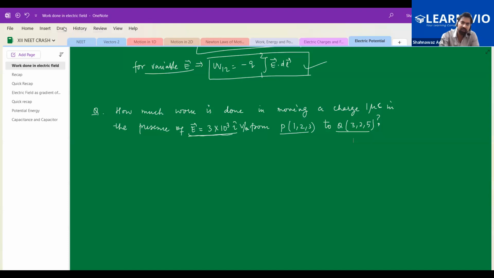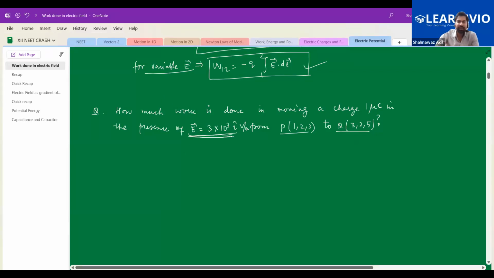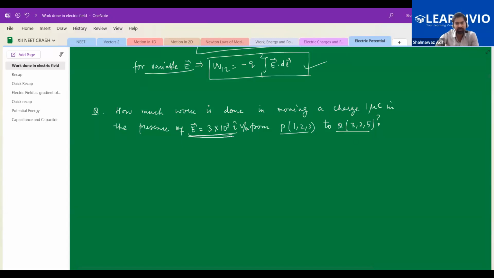Okay, so this is the question, right? And we also know the electric field due to a variable charge and the electric field due to a uniform charge. So what kind of electric field is this one? Can you guys tell me? The electric field is 3 into 10 to the power 3 i.